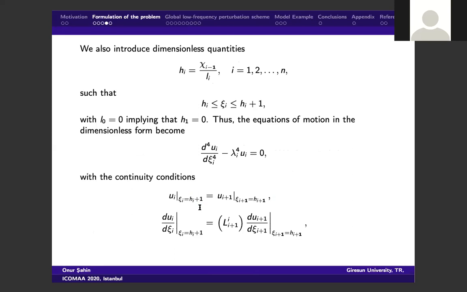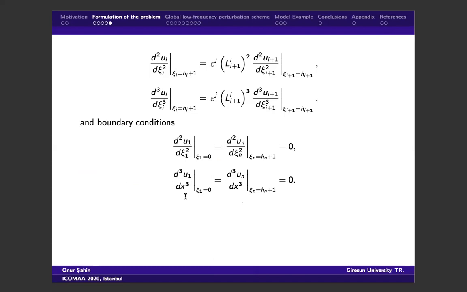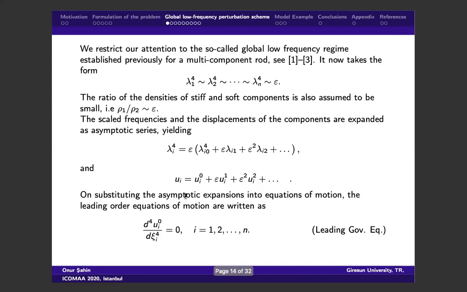Thus, the equations of motion in the dimensionless form are given by again a fourth order differential equation, with continuity conditions and boundary conditions. It's the formulation of our problem.